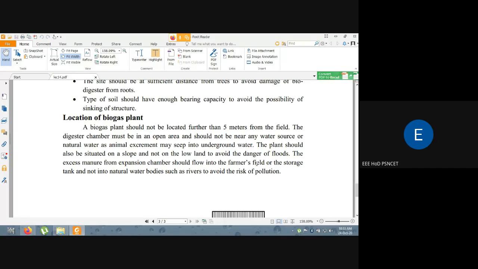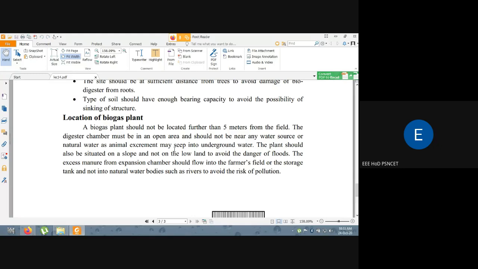If you have a pond or any river or lake, definitely this biogas plant should be placed away from those water sources. Or else what will be the problem? The slurry can be mixed with this water, so that water will be polluted.